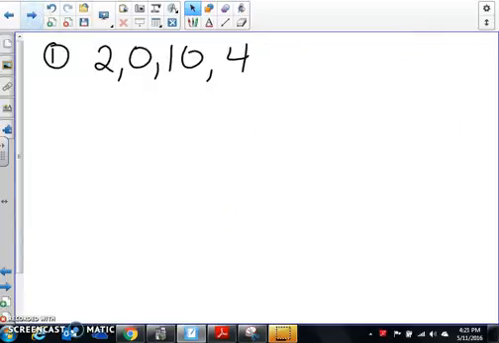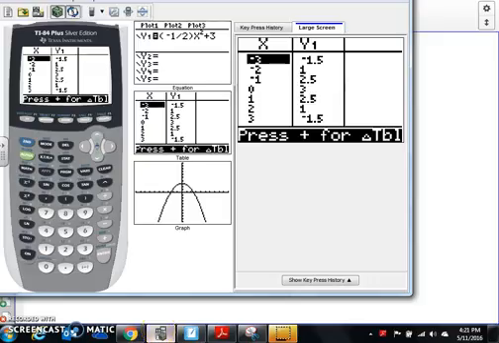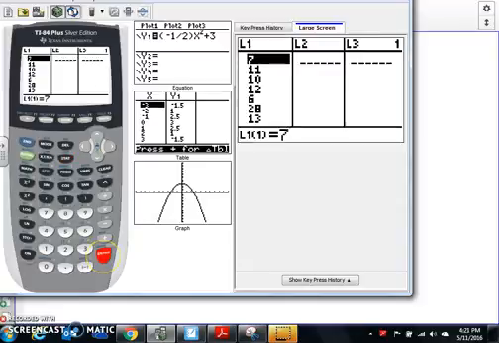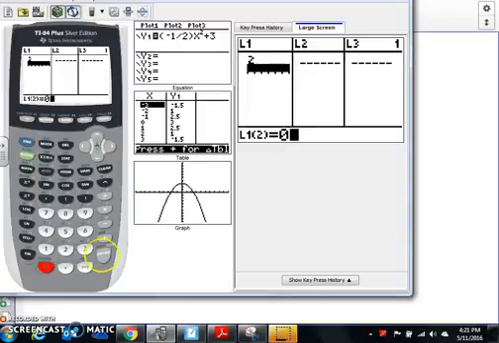All right, we're going to start off with finding the standard deviation first. So here's our list, 2, 0, 10, and 4. First thing that you should do, by now you should know when you get a list, you need to go to your stat plot, you need to edit, and we're going to clear everything out. Go down. Okay, so our first list is 2, 0, 10, and 4.